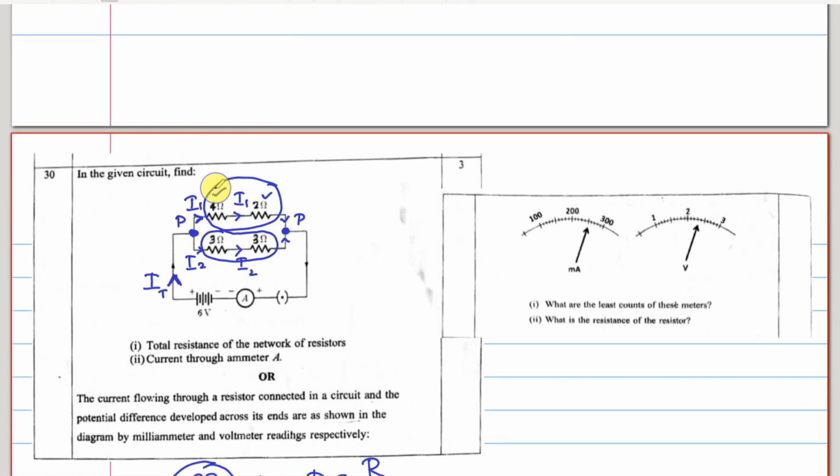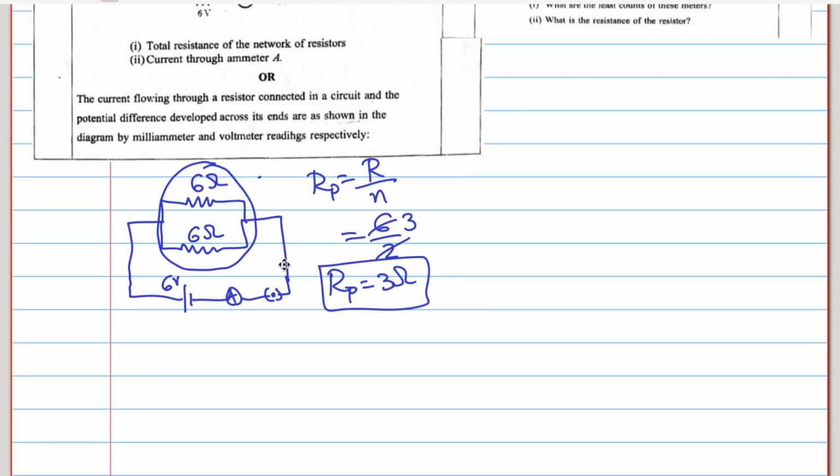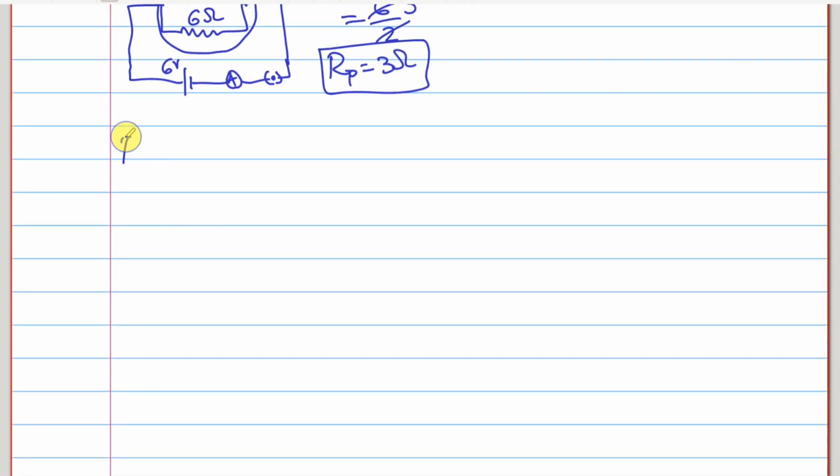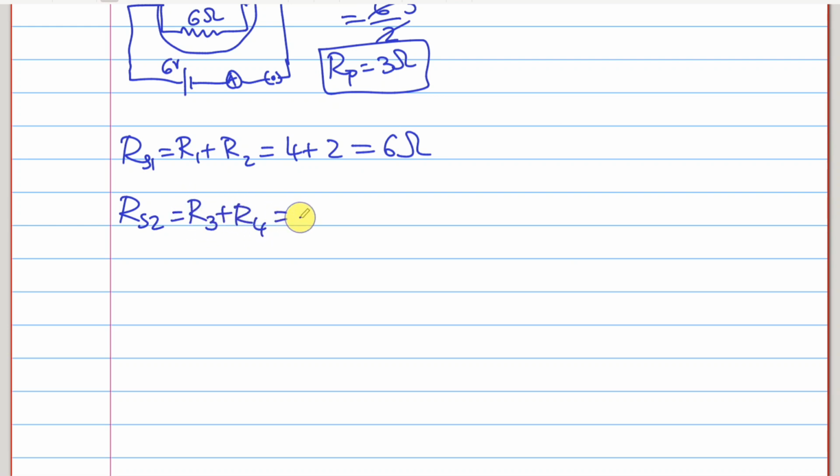So we'll draw the diagram and label all the resistances. Let R1 be equal to 4 ohm, let R2 be equal to 2 ohm, let R3 be equal to 3 ohm, and R4 is equal to 3 ohm. So we'll say RS1 is equal to R1 plus R2, which is 4 plus 2 is equal to 6 ohms. Then we'll say RS2 is equal to R3 plus R4, which is 3 plus 3 ohm, which is again 6 ohm.